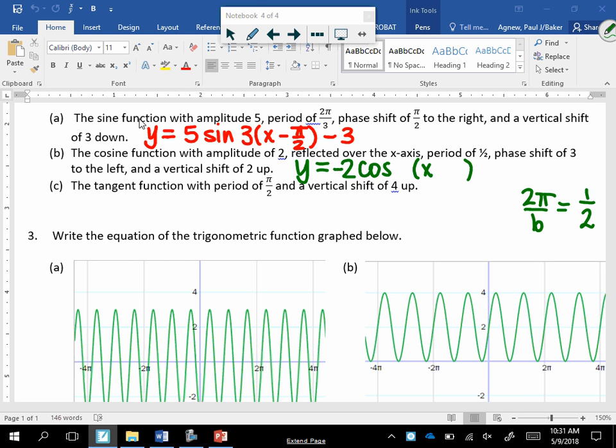So I'm going to solve that for b. When I cross multiply, b equals 4 pi. Okay, so that means that b here is 4 pi. All right, a phase shift of 3 to the left, so that's going to be x plus 3, and then a vertical shift of 2 up. So we'll say plus 2. So -2 cosine 4 pi times quantity x plus 3 plus 2.